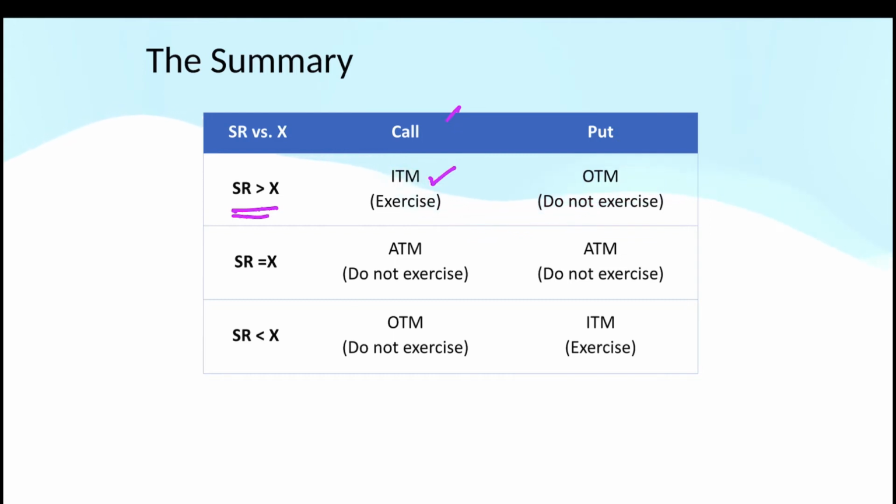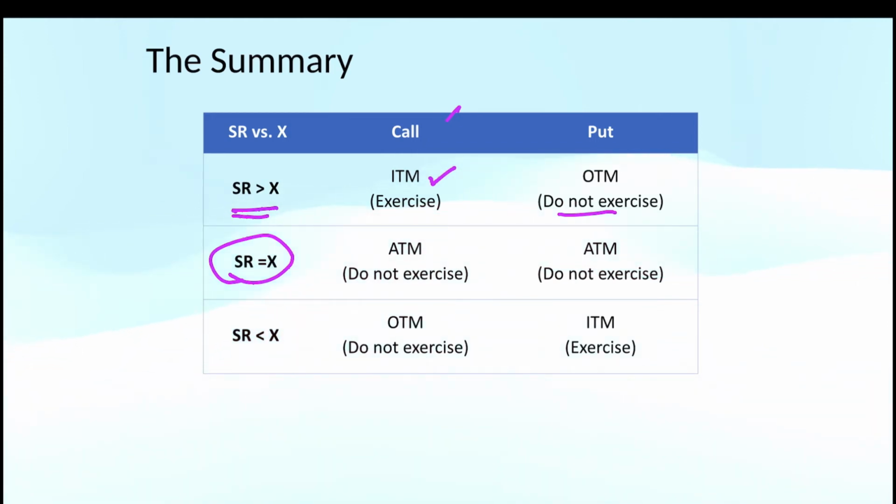For the put option, if the spot rate is greater than the exercise price, it is OTM, out of the money, so do not exercise. If the spot rate equals the exercise price, it is ATM for both call and put options, so do not exercise.